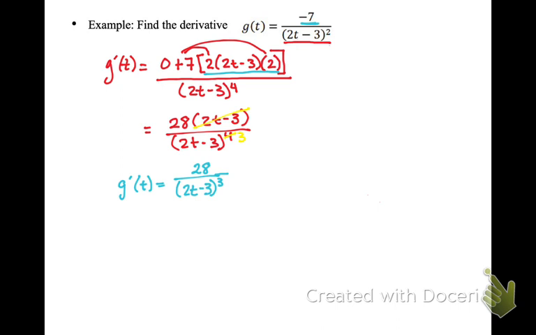How'd you get the 2 in front in the box? One of them is from the square, so that 2 is this. Why are there 2 of them? Because you have the derivative of the outside, so that's 2 times the inside, and then times the derivative of the inside, which would be 2. Okay? Anything else?